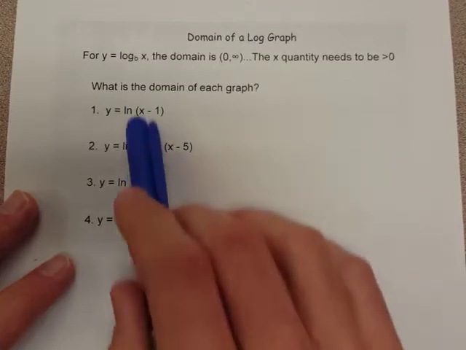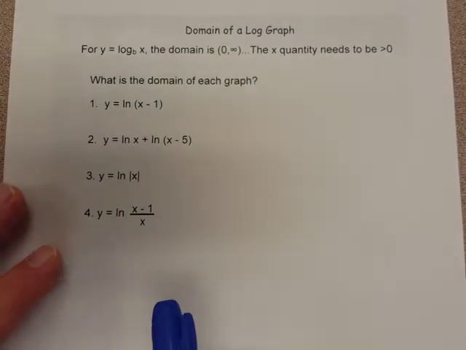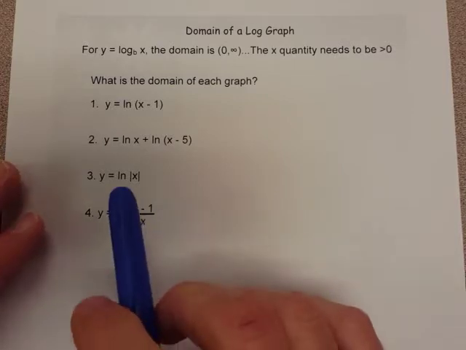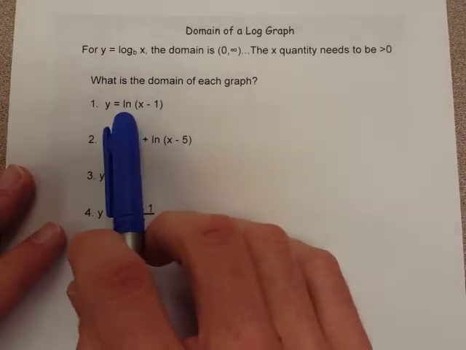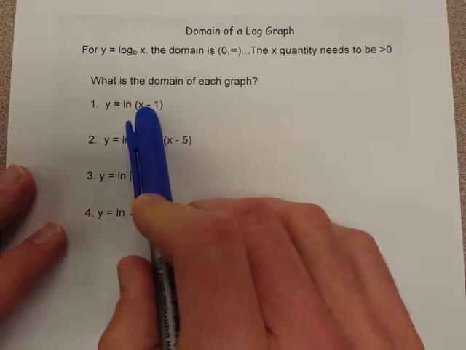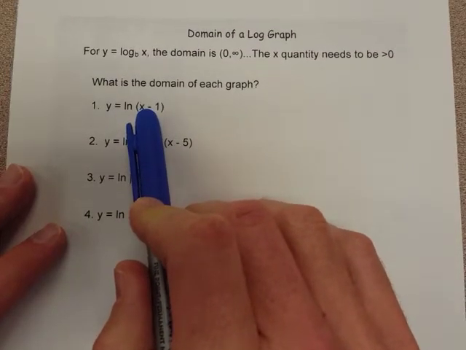So you'll notice that I've got 4 different examples here. Each one is going to be done in a uniquely different way. But I want you to notice here that we've got x minus 1 in example 1. We just have to make sure that that's positive.